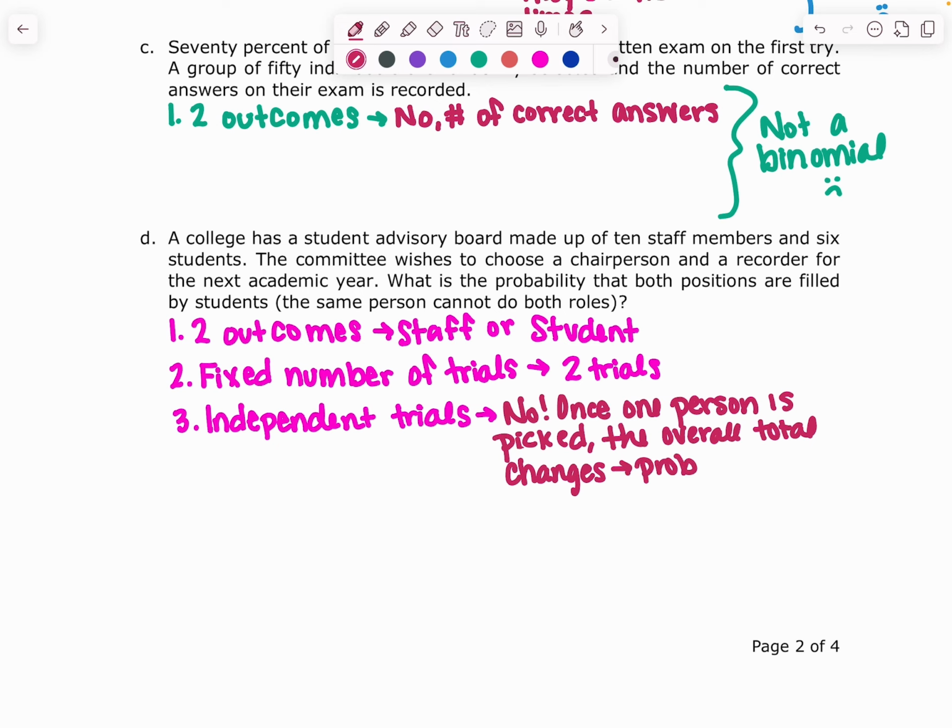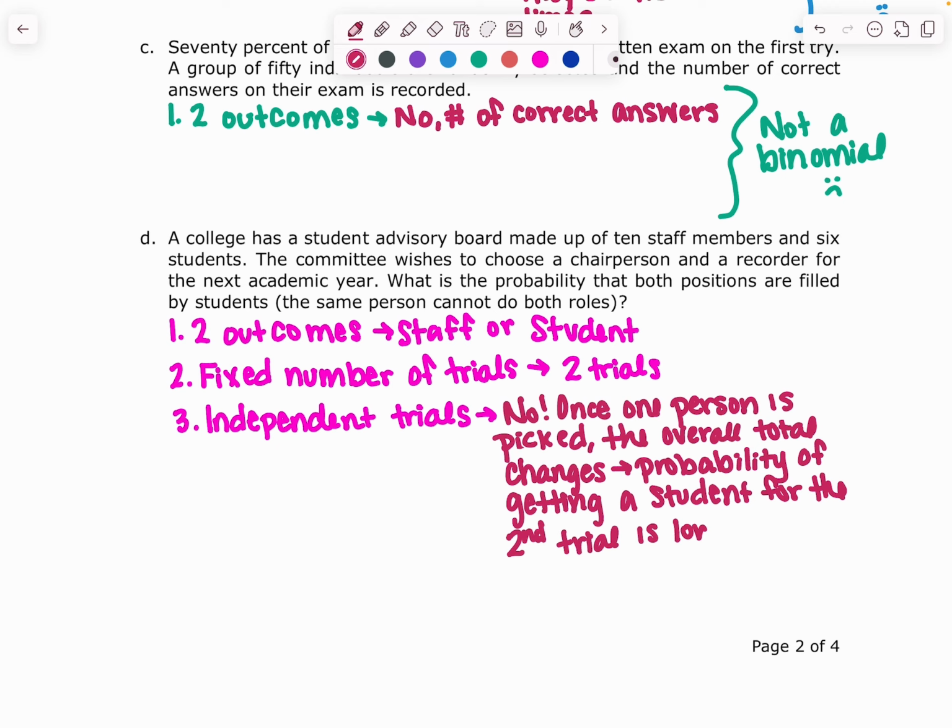So the probability of getting a student for the second trial is changed, because I haven't actually done the calculations because I don't need to.